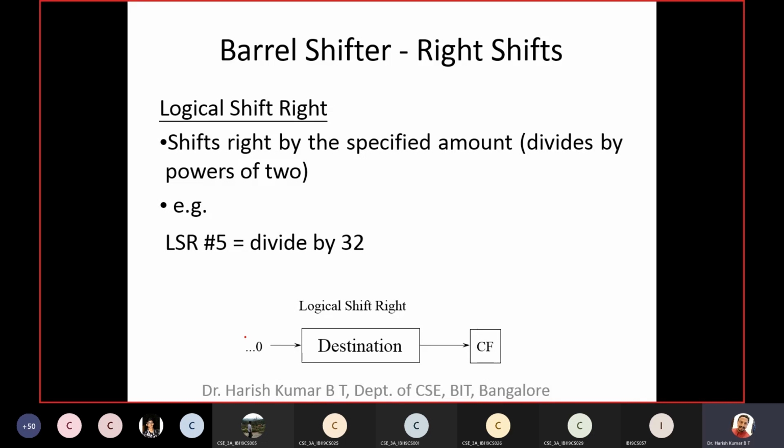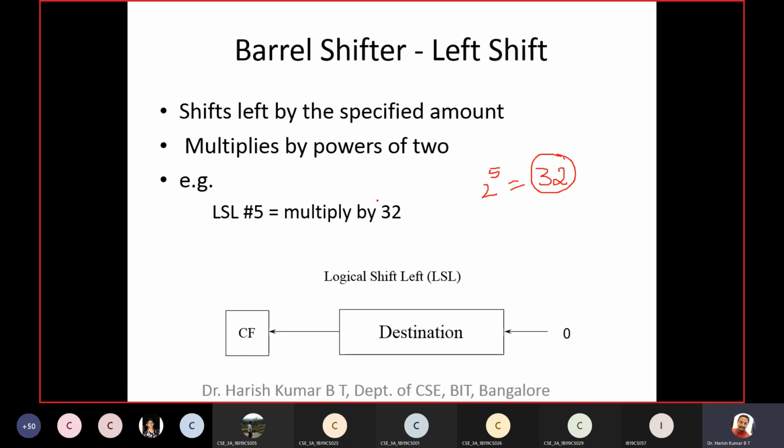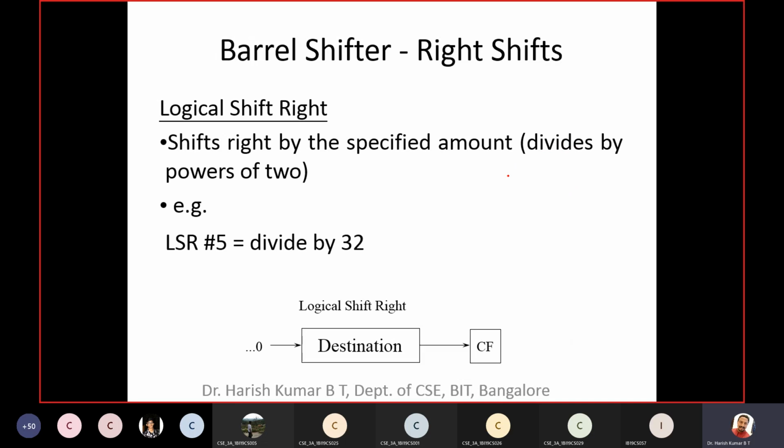Next, logical shift right. Shifting left gives the effect of multiplying the number by 2 to the power of the shift amount, but shifting right gives the effect of dividing a number by 2 to the power of the shift amount.